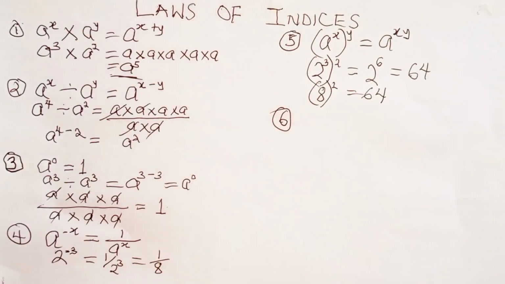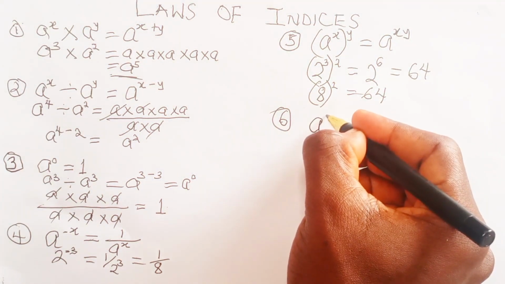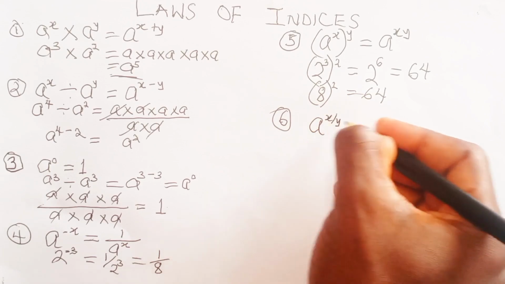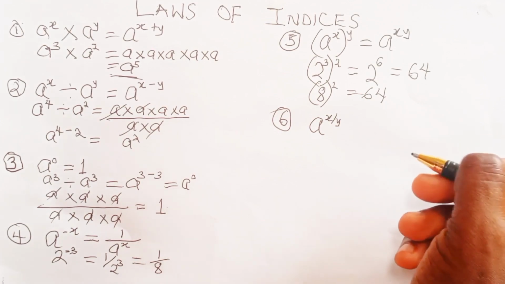The third law is what we call the numbers with fractional powers. So if I have a raised to power x over y, did you notice that the power we have here is a fraction, x over y?